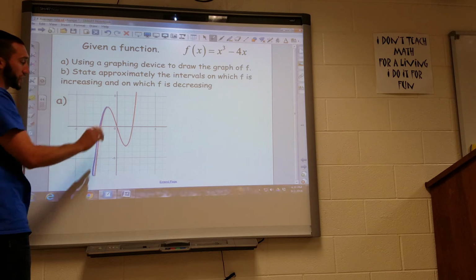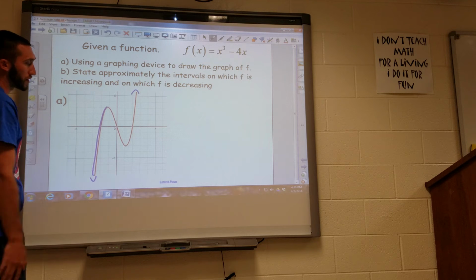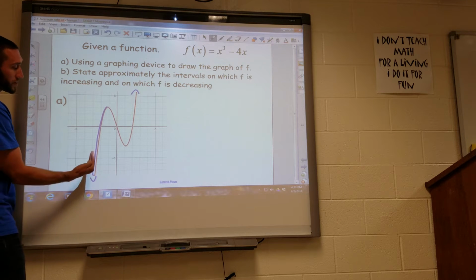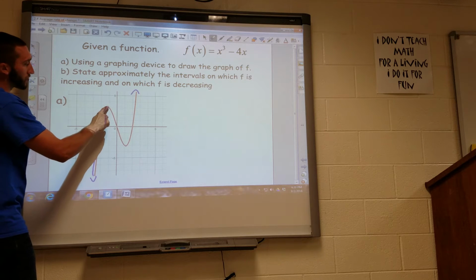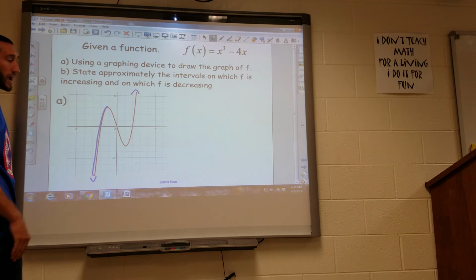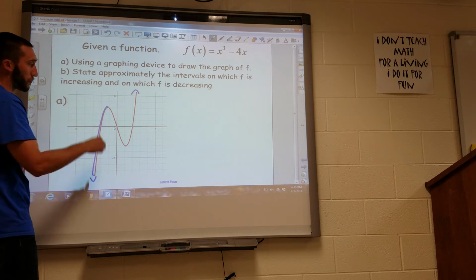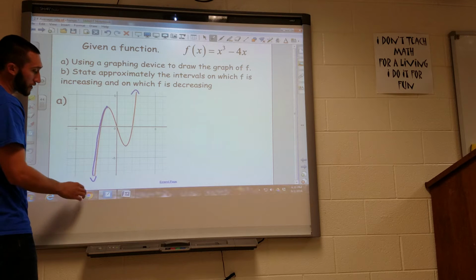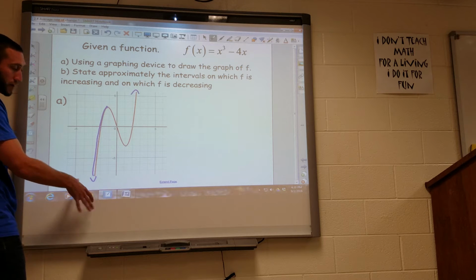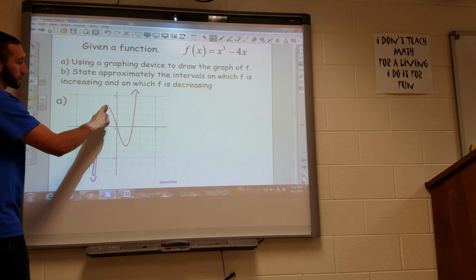I'm increasing. So I can see that this graph, it goes on forever this way, it goes on forever that way. I'm increasing from way down here all the way till I get to that point. At that point, I'm no longer increasing or decreasing, right? I'm constant. I'm right at that point. So I'm increasing from negative infinity, really from this left value all the way up to this point.